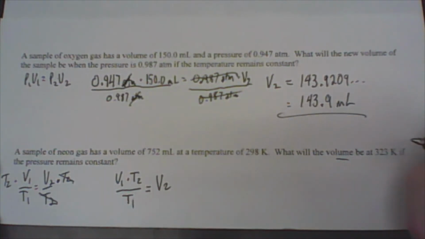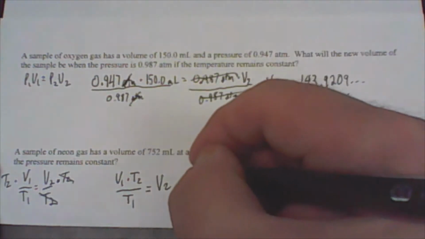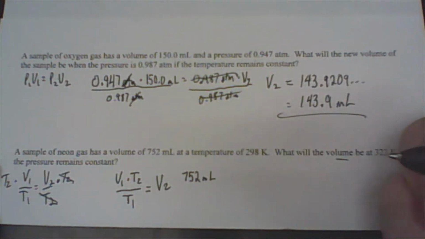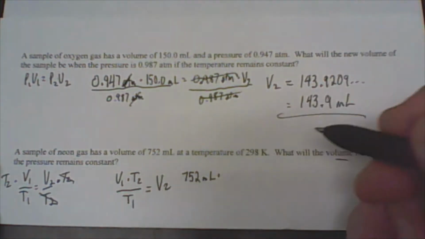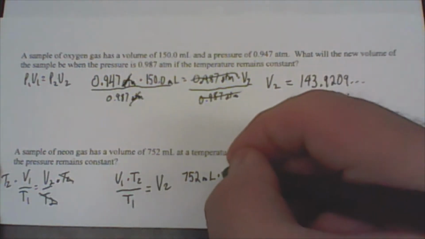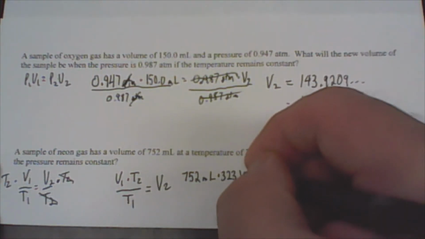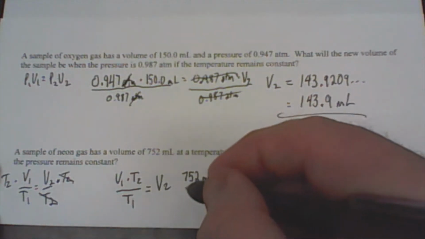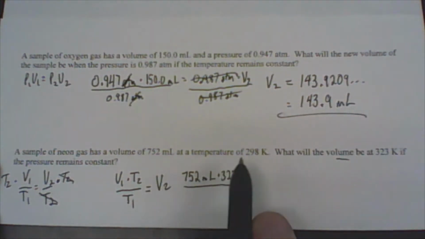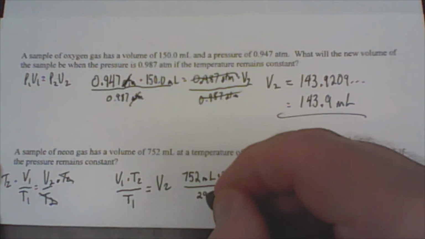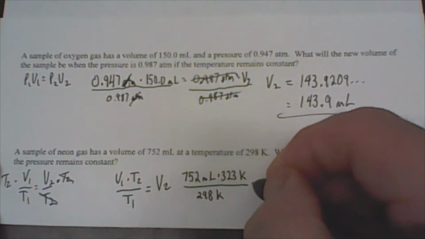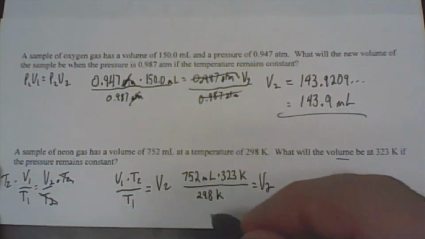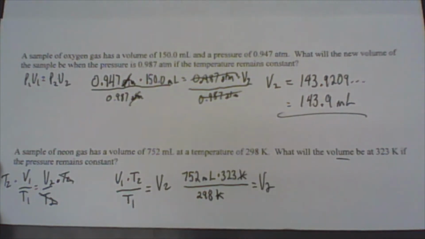So volume 1, 752 milliliters. Temperature 2, 323 Kelvin. Temperature 1, 298 Kelvin equals V2. My Kelvin will cancel out.